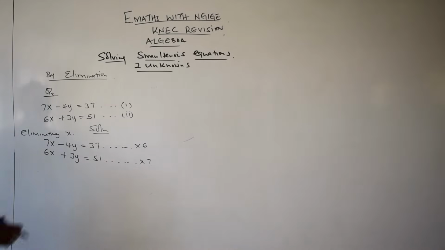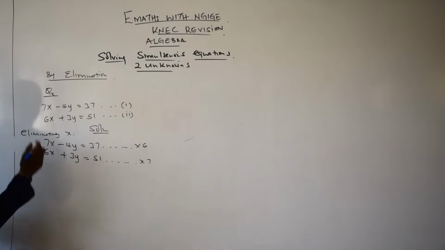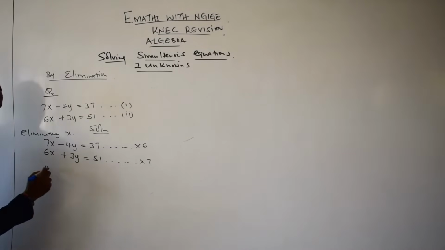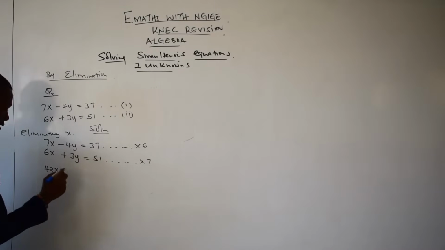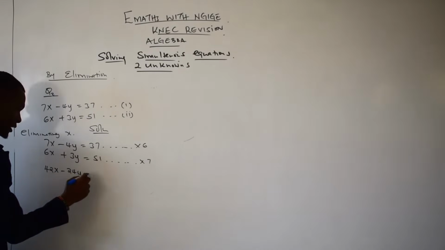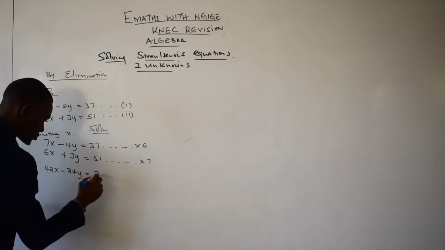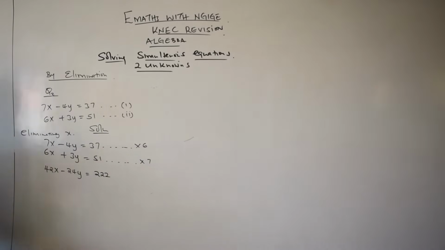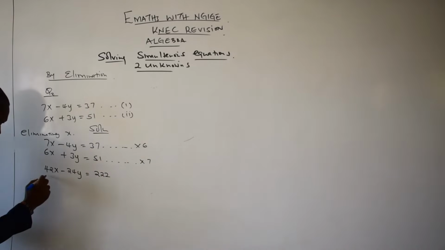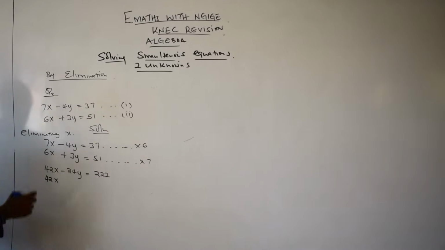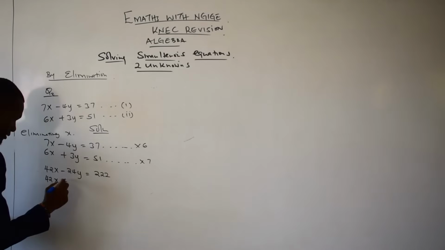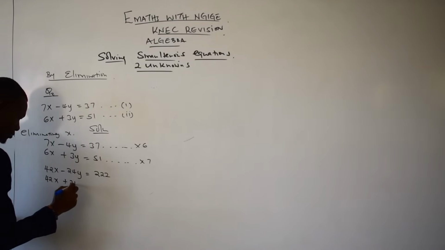Now 6 times 7 gives us 42x. 6 times negative 4 is negative 24y. Then 7 times 6 gives us 222. Then 7 times 6 again, 42x. 7 times 3 is plus 21y.